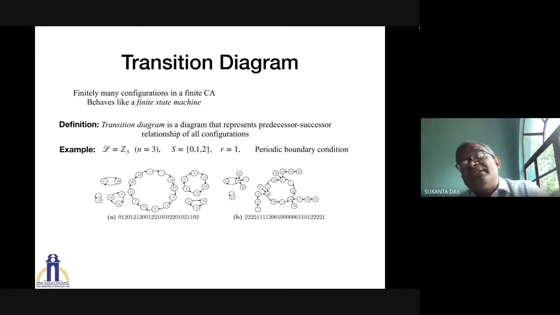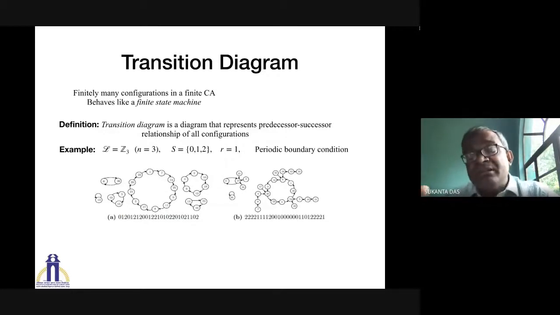So from this figure, you understand 11 cannot be reached from anywhere. Similarly 21, 25, 17, 7, they cannot be reached from anywhere. They are configurations, but they can never be reached from any other configuration.